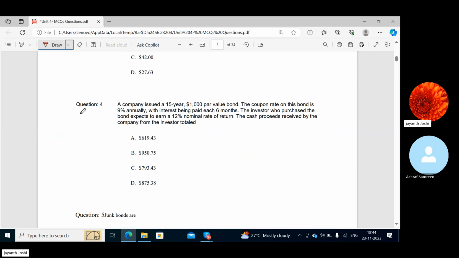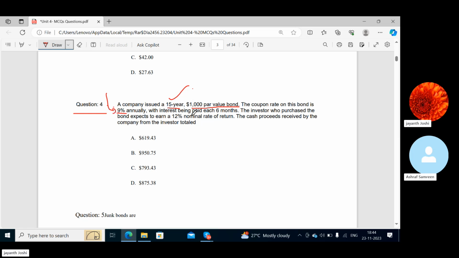So this is the next question. A company issued a 15-year maturity $1,000 par value bond. The coupon rate on this bond is 9%. What do you mean by coupon rate? The agreed interest rate.